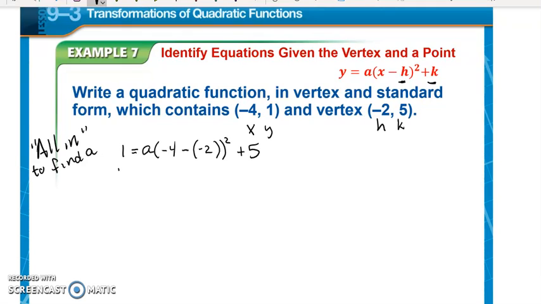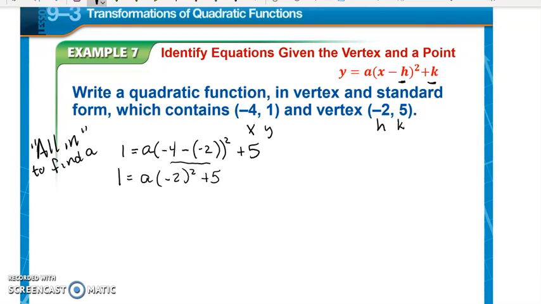So now if I simplify, this is 1 equals, so I'm going to start inside the parentheses, a negative 4 minus a negative 2 is just going to be a negative 2, and then plus a 5.